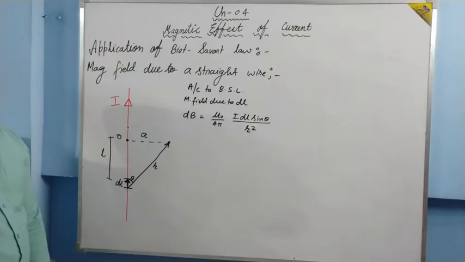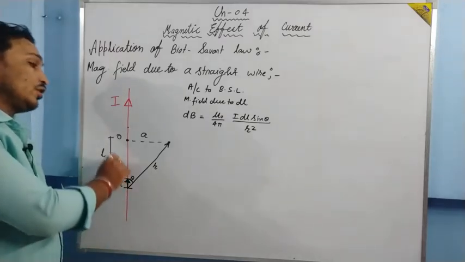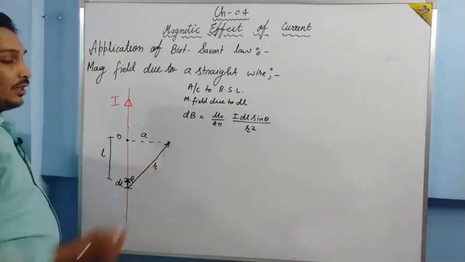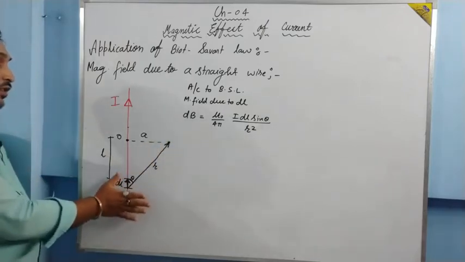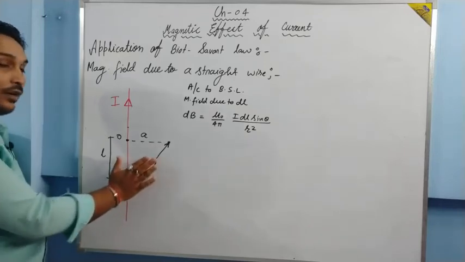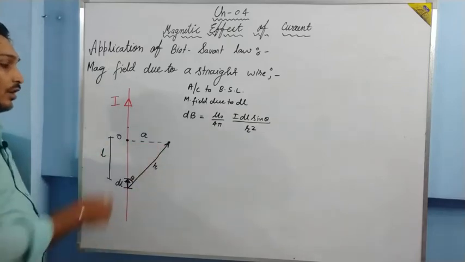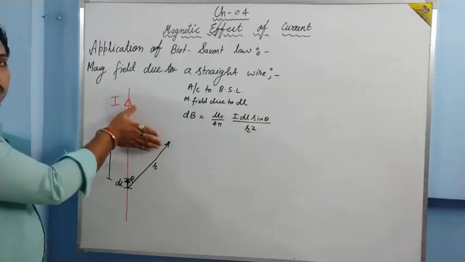We must ensure that there is no difference in the direction of magnetic field due to different positions of dl. Like dl is here, what is the direction of magnetic field at this point? The direction of dl, the direction of current, is towards this way. All these fingers towards the point. What is the direction of magnetic field? Perpendicular inward. Magnetic field inward. Suppose dl is somewhere here, then inward.